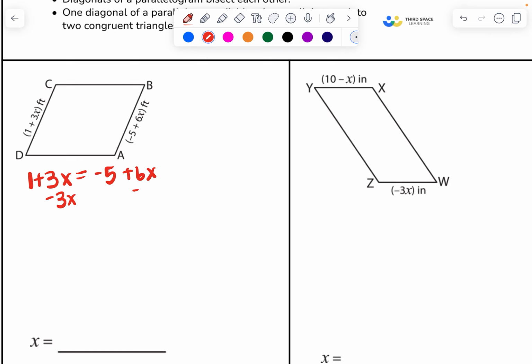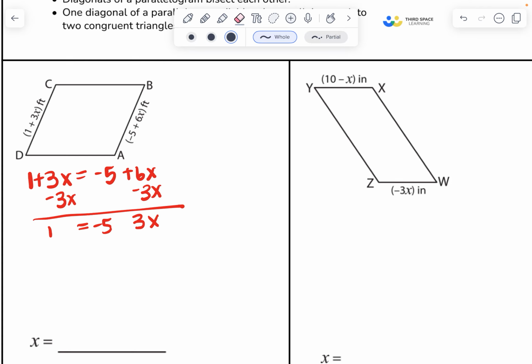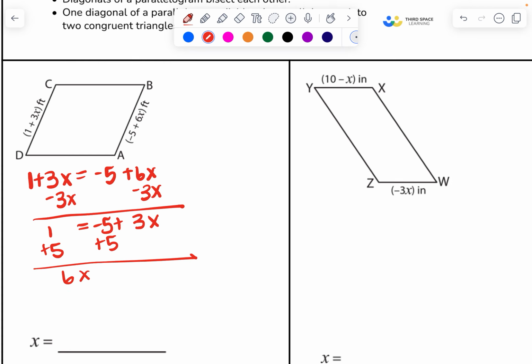Solving this, I'm going to take 3x from both sides, and then I get 1 equals negative 5 plus 3x. Adding 5 to both sides, we get 6 equals 3x. And dividing by 3, we'll get x equals 2 feet.